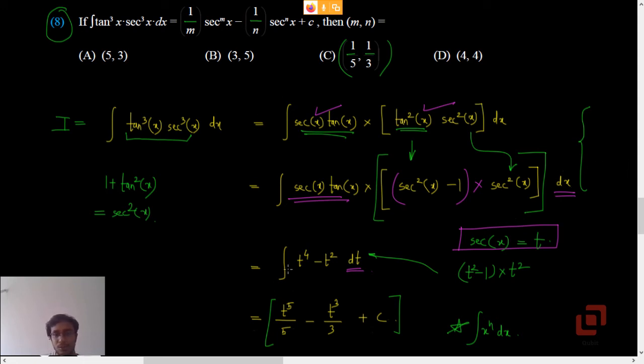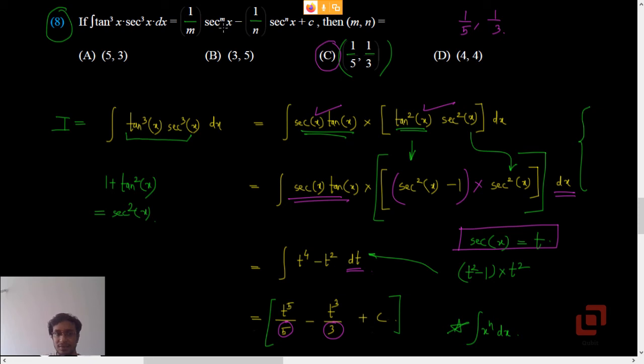Now there is no need to resubstitute t as sec x because we already have 5 and 3 in the denominators, right? So which option? Do not mark C. Okay, why? Because they have asked us the values of m and n. So if you mark 1 upon 5 and 1 upon 3, it would mean that m is actually 1 upon 5, so it is 5 into sec x raised to 5.